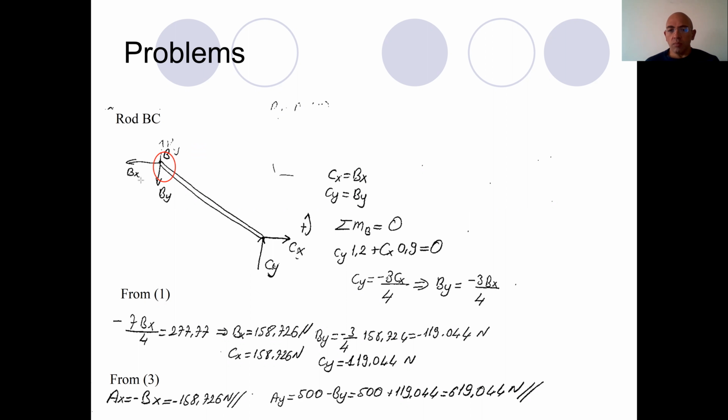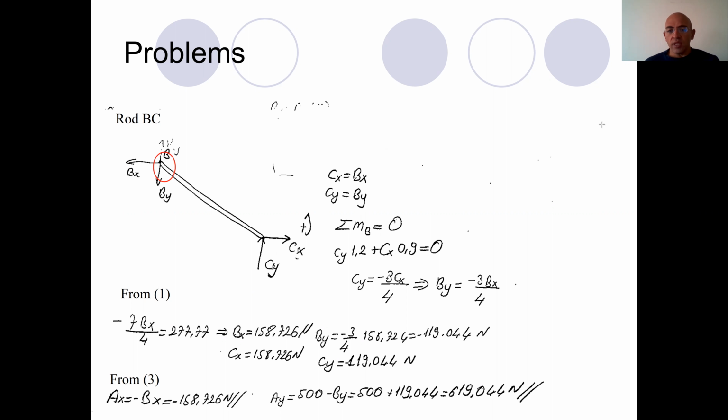As a result, Bx will be in negative x direction and By will be in negative y direction at point B. Now we can choose the reaction forces at point C arbitrarily. So we choose the Cy in positive direction and Cx in positive x direction as well.